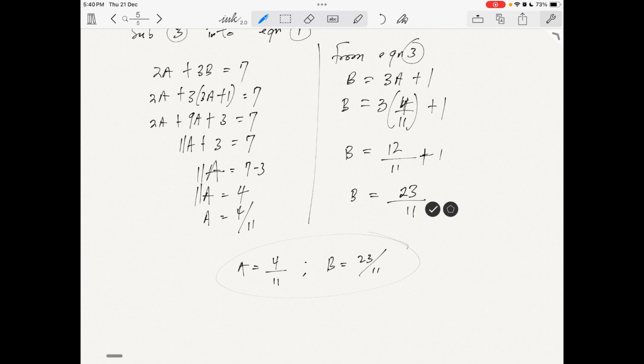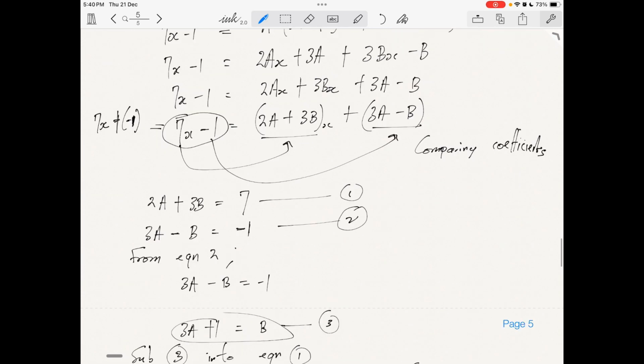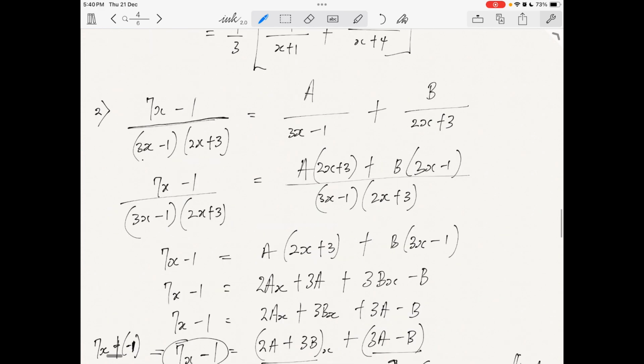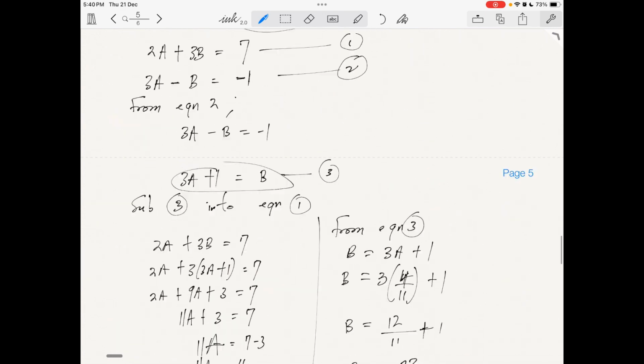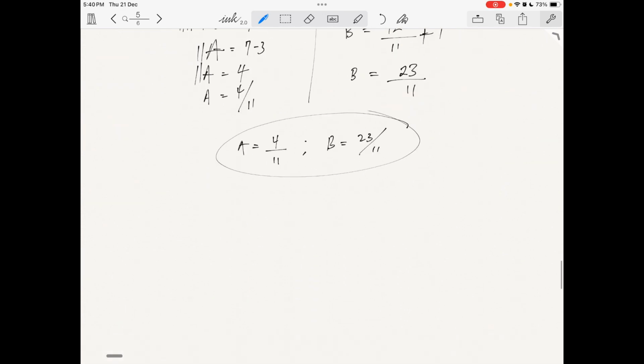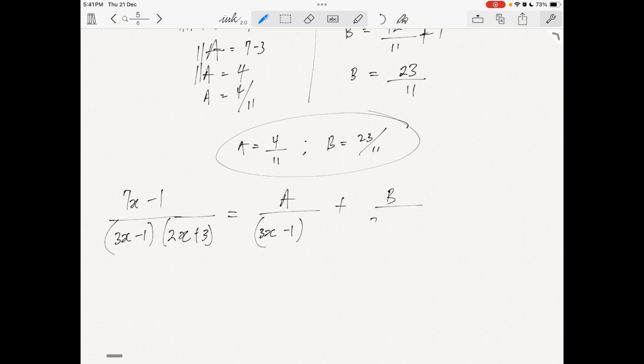Now the next thing to do is to go back to the genesis of the problem. So we go back here and substitute our values of a and b. Recall that the question says 7x minus 1 divided by 3x minus 1 into 2x plus 3 is equal to a over 3x minus 1 plus b over 2x plus 3.